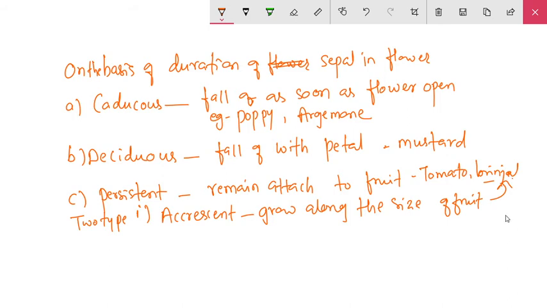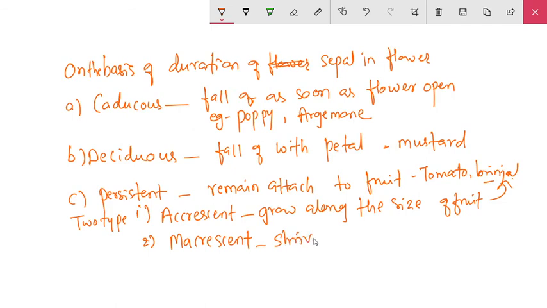ओके. अँड द सेकंड दॅट इज मॅक्रेसन. मॅक्रेसंट म्हणजे काय? तर या ठिकाणी मॅक्रेसंट मध्ये त्या ठिकाणी हा पर्सिस्टंट असतो पण त्या ठिकाणी काय होतं?